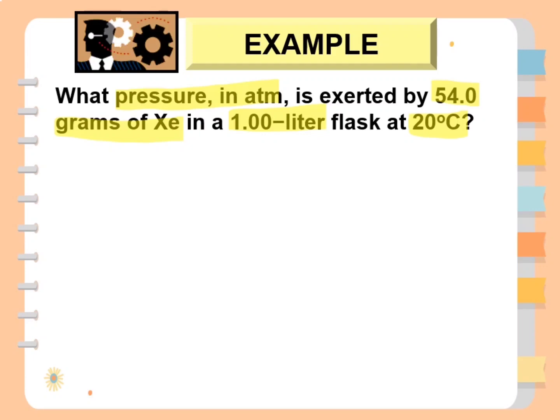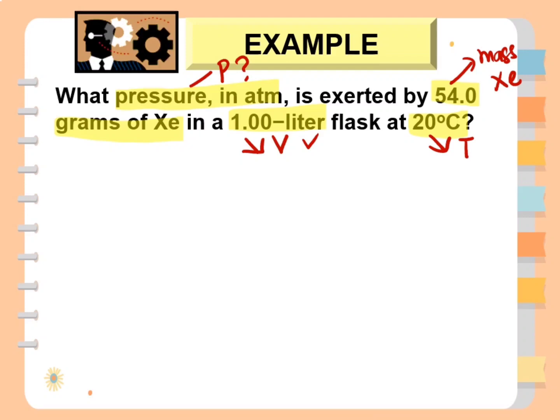So this question asks you to calculate the pressure. Nak cari pressure. But we have the mass of the gas. Kita ada mass. So ini adalah mass of xenon. And then we have the volume. Dah ada dalam liter. Kemudian kita ada temperature. But be careful guys.